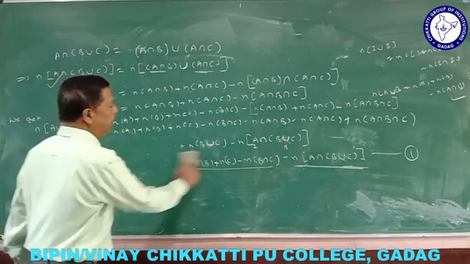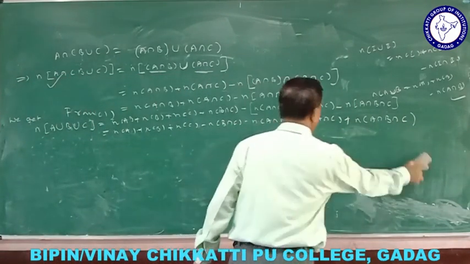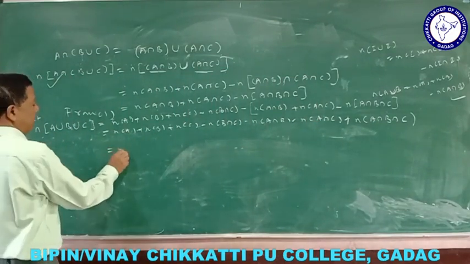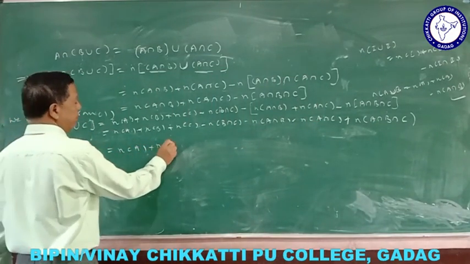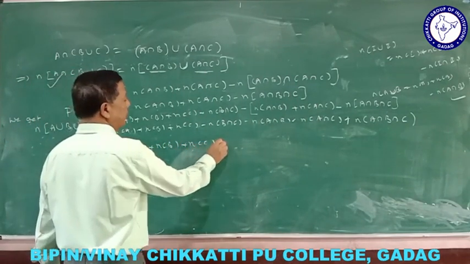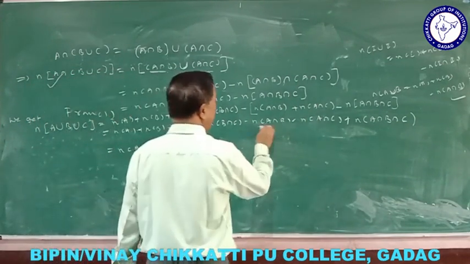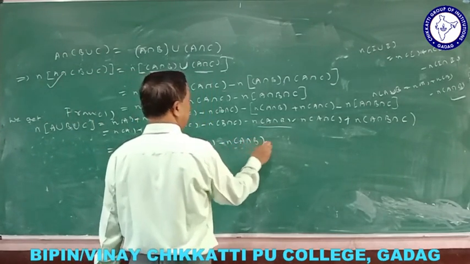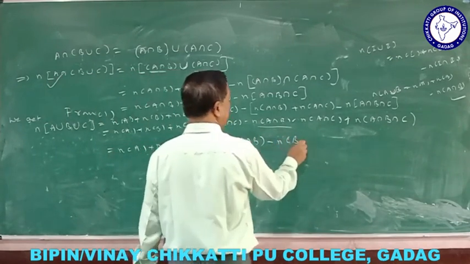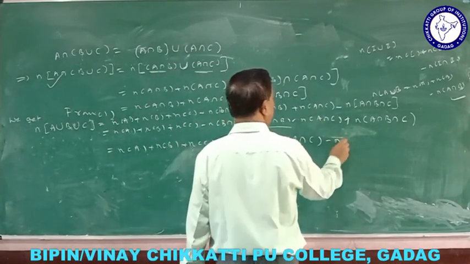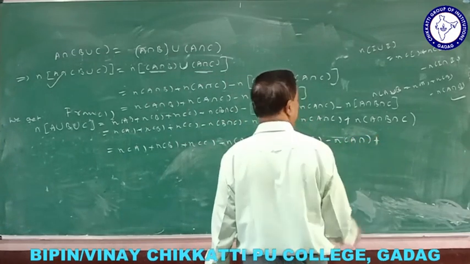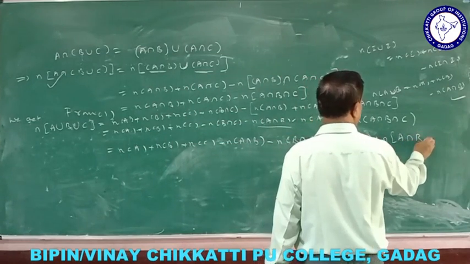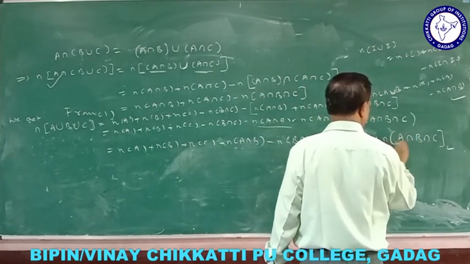What is the systematic order? You look here to remember. You see that the order is what? n of A, n of B, n of C minus n of A intersection B first, next minus n of B intersection C, minus n of A intersection C, plus n of A intersection B intersection C, or even write like this also, it is right.